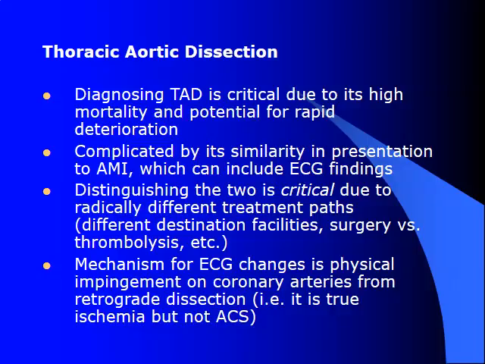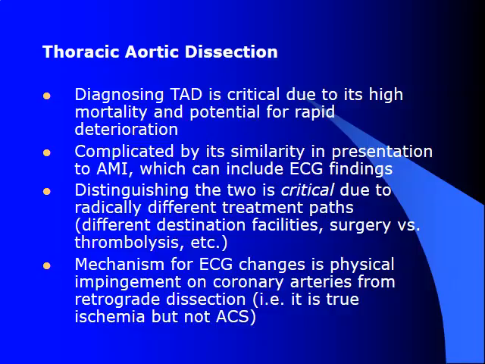The mechanism for ECG changes is an actual physical impingement on the coronary arteries. You can have a retrograde dissection. So basically, you think about where your thoracic aorta is. It branches out from the left ventricle after the aortic semilunar valve, and then it has the big arch. You have your aortic arch with multiple arteries branching off of it that supply the brain.